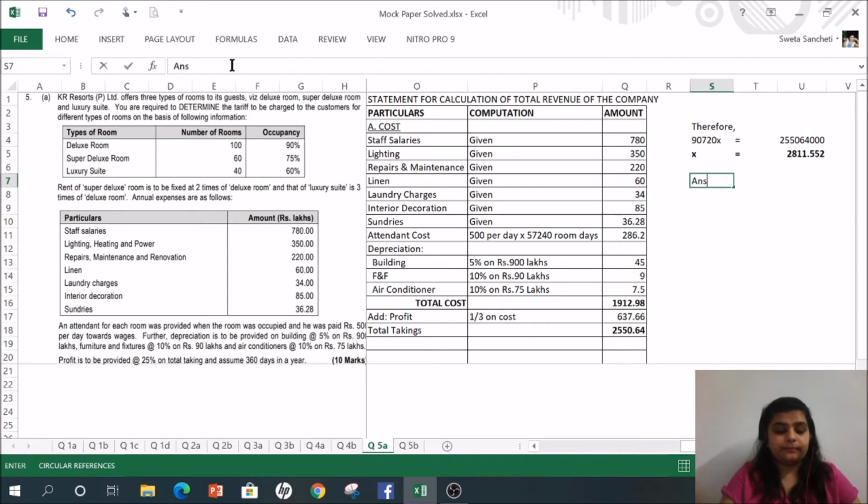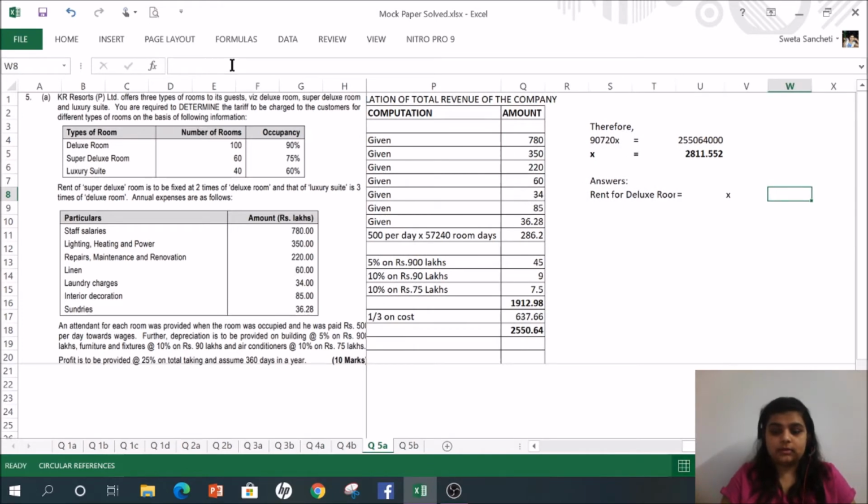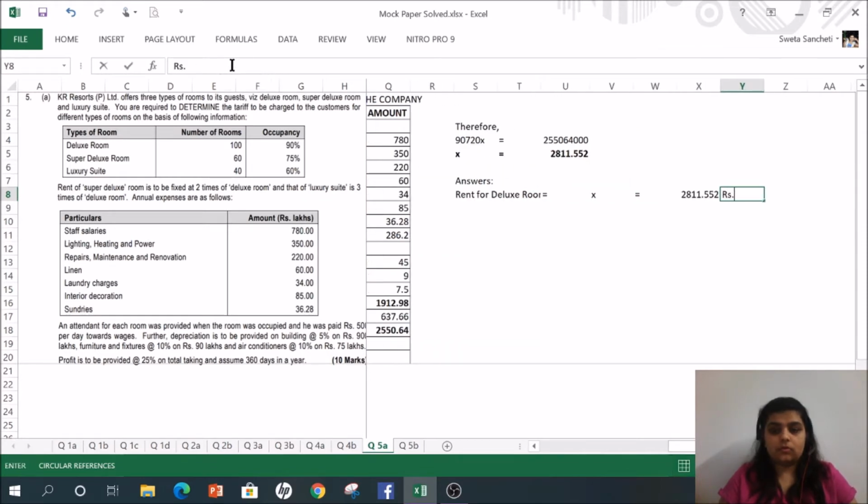Therefore answers: rent for deluxe room is equal to x, that is equal to rupees. Now similarly, rent for super deluxe rooms is 2x, that is equal to x into 2.